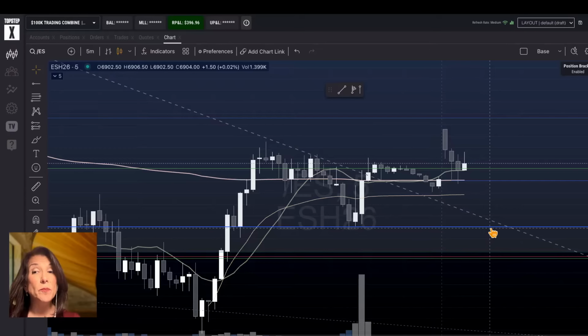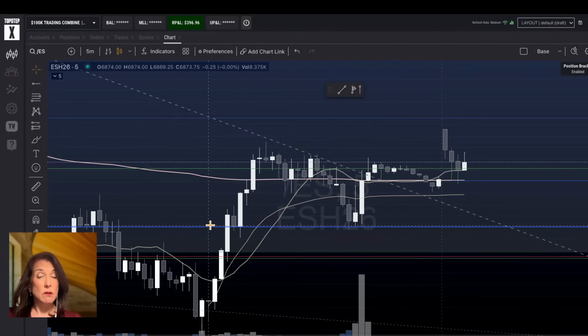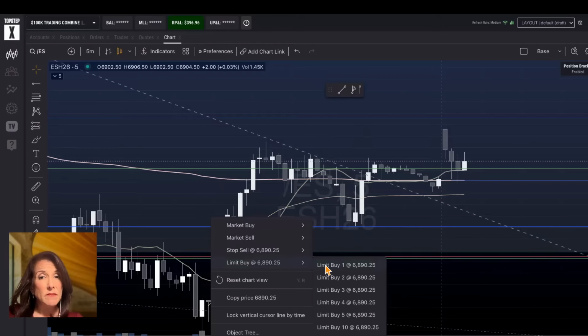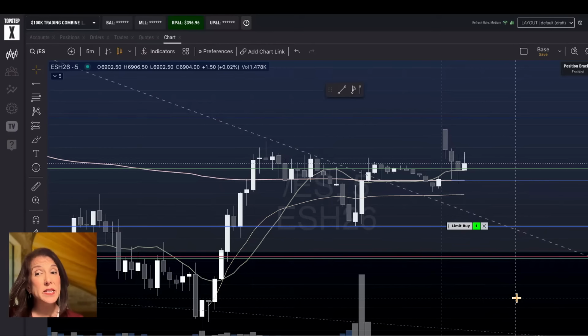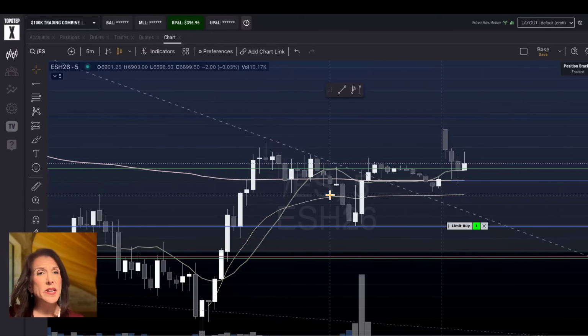So that would be where I would want to position a trade, right? 68.90 and a quarter. That's where I would position that trade. I don't like trading in the middle at all. I'll trade the breakout if trend is in my favor. I'll trade the breakdown if trend is in my favor. But I don't like trading in the middle.